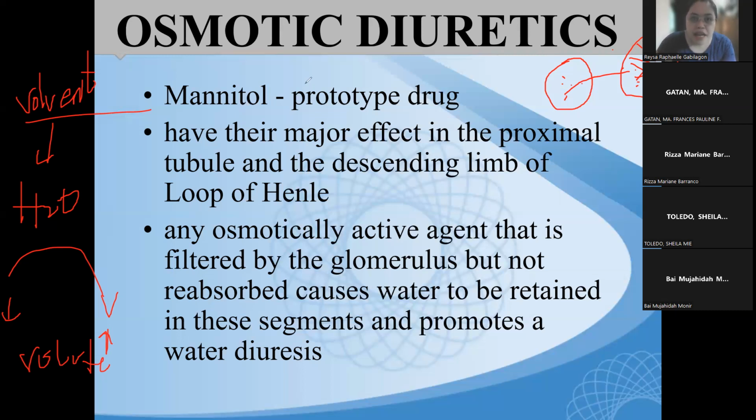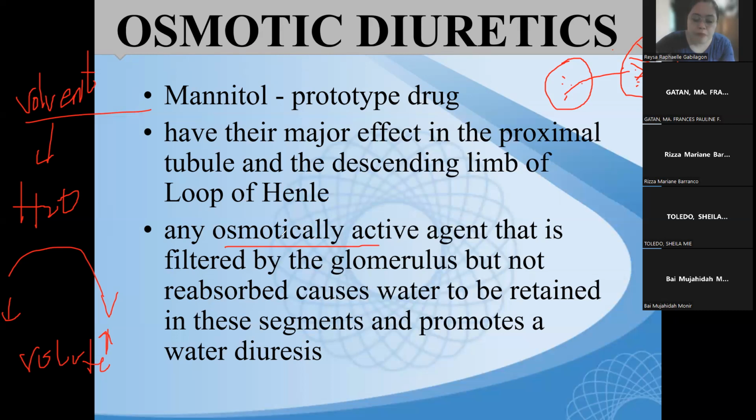Therefore, pag binigay natin si osmotic diuretics, what will happen to the body? Since mannitol is osmotically active, kung nasaan siya, water will follow. That makes it a diuretic. Kung nandoon siya class, since mannitol is filtered by the glomerulus and going to the nephron, water will follow.